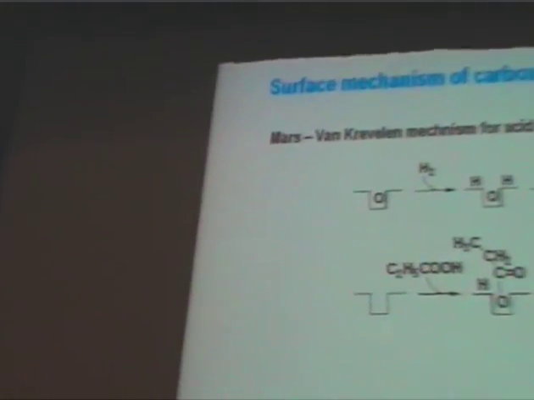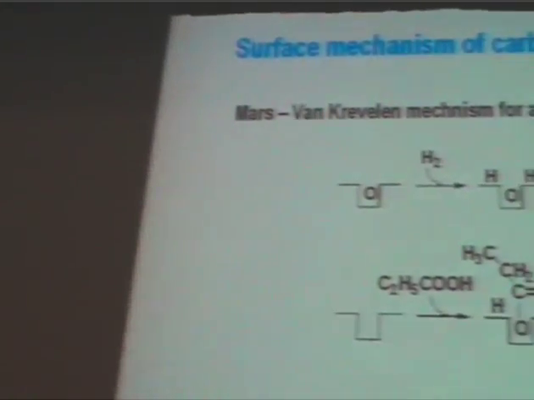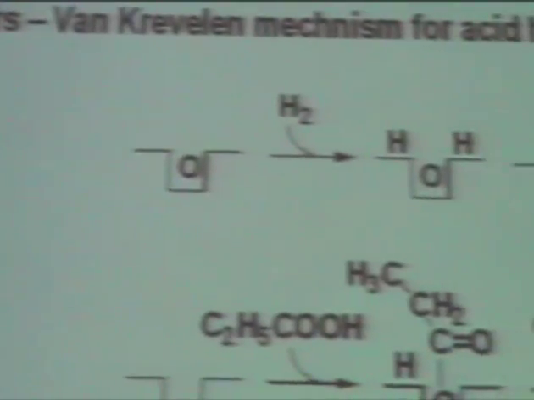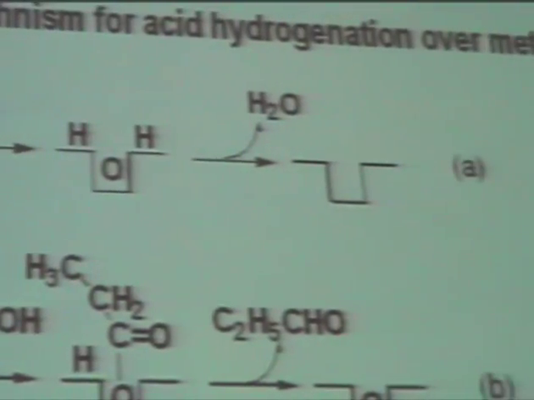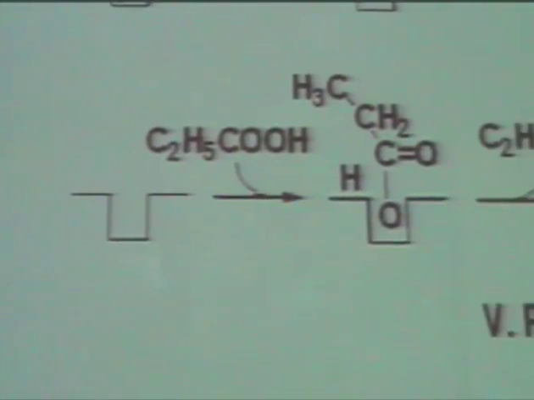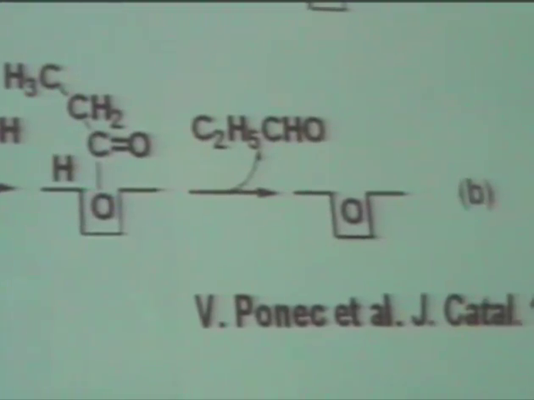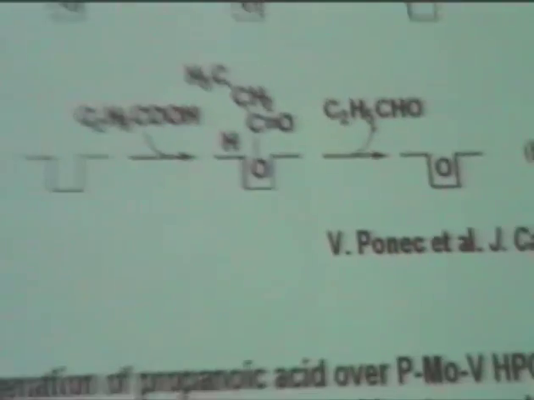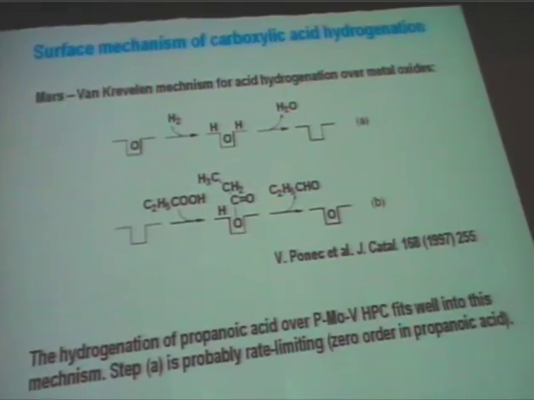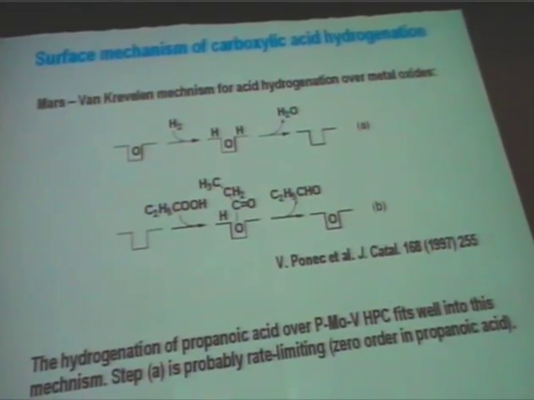Now I would like to talk about reaction mechanism. There is compelling evidence, mainly from Hermans and co-workers' studies, that the hydrogenation of carboxylic acids to aldehydes over metal oxides proceeds via a Mars-van Krevelen type redox mechanism.